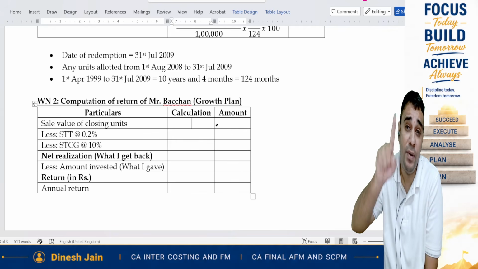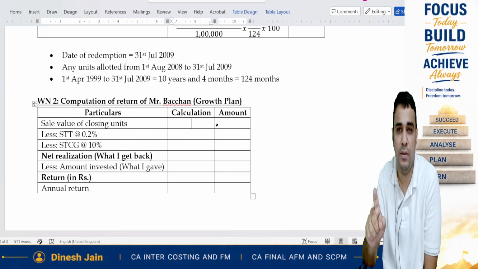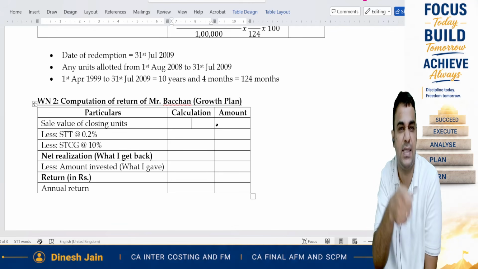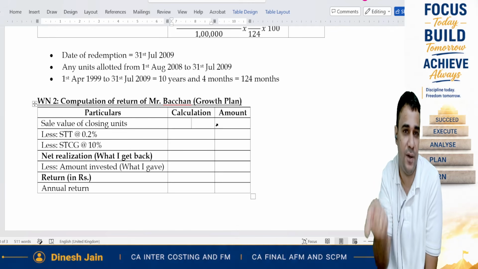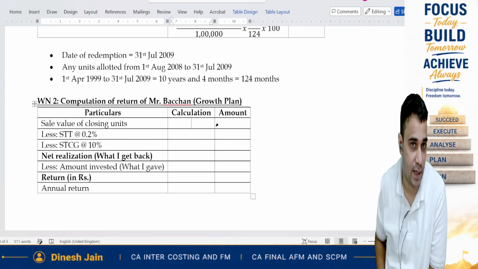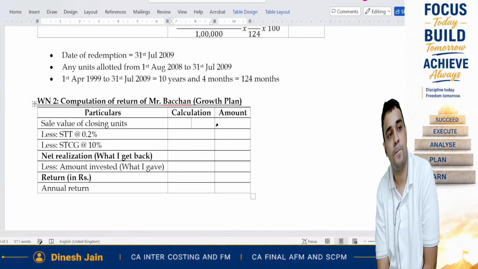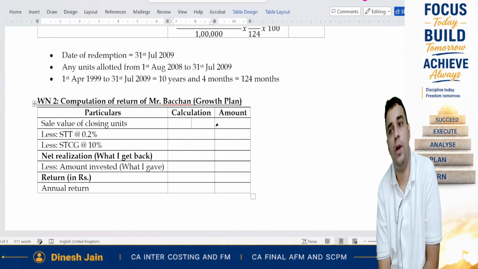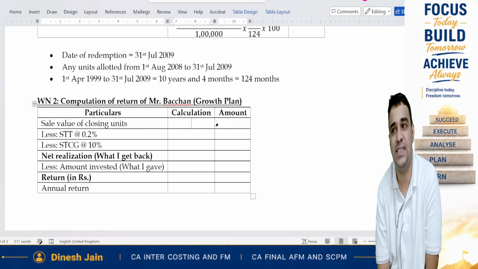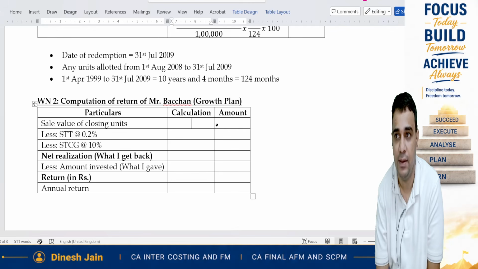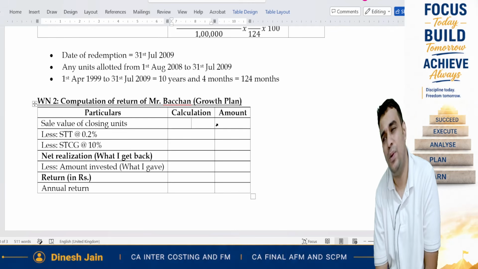This can also be done as a per unit calculation, but in per unit, I have to bring in STT, STCG and all, which is a little difficult. So I'm doing a lengthier calculation. Even per unit will give you the same conclusion.